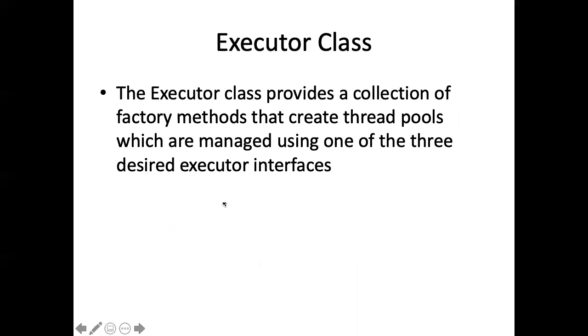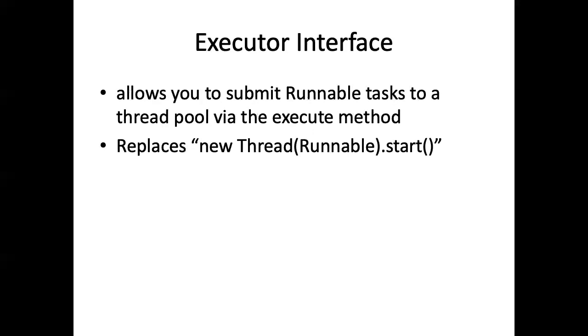Okay, so there's an Executors class, and it provides a collection of factory methods. So basically, factory methods are static methods. So you call Executors dot and then a method, and it will create thread pools for you, which will get managed by whichever one of the three interfaces you desire. Okay, so the most simple one is the executor interface.